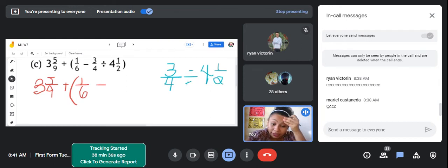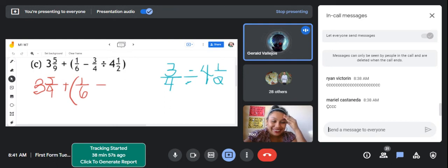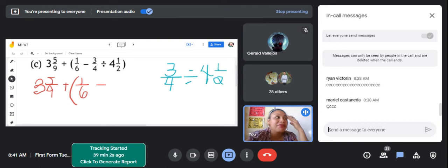Or can you divide it how it is right now? Nobody knows? Turn the mixed number to improper. Very good, Gerald. I need to change the mixed number into an improper fraction.